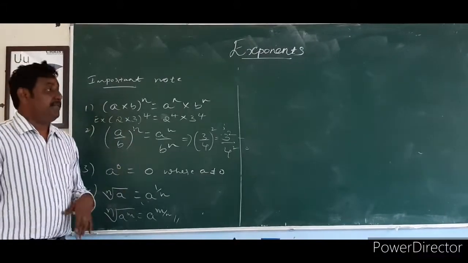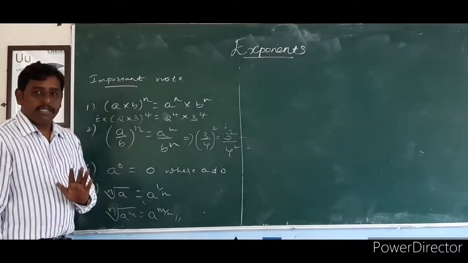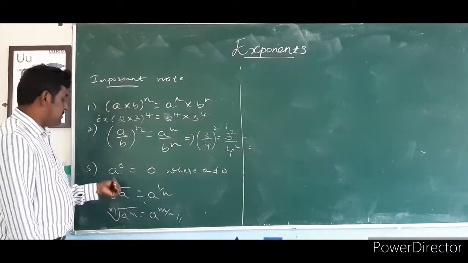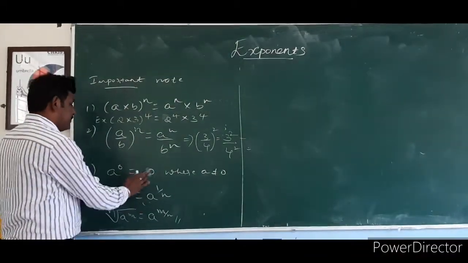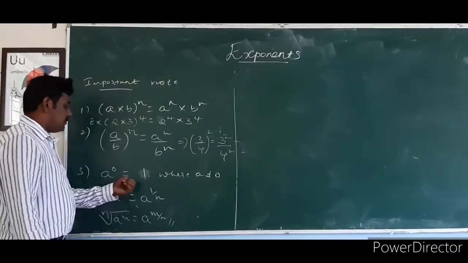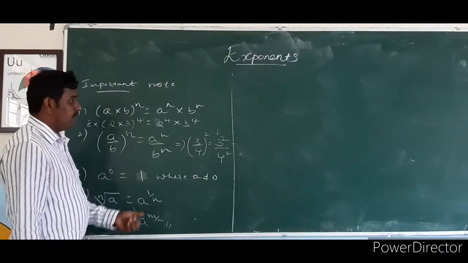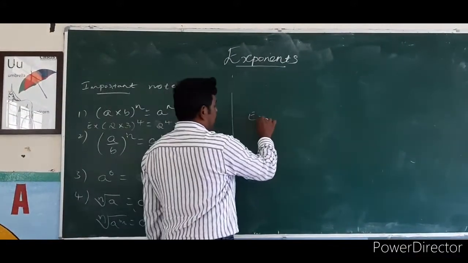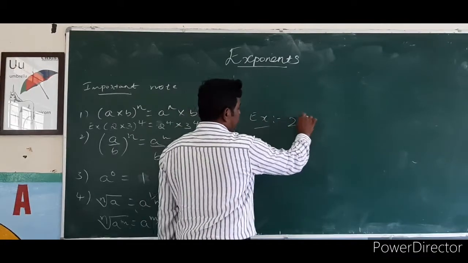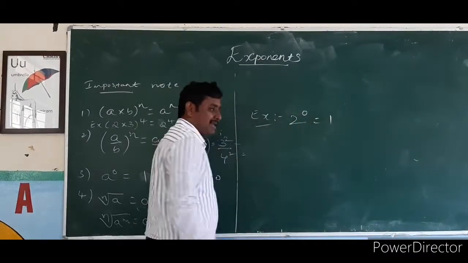Third one, a to the power of 0. If the power is equal to 0, you can take any base, any big number, the total value is equal to 1. For example, 2 to the power of 0 is 1, because the power is 0.